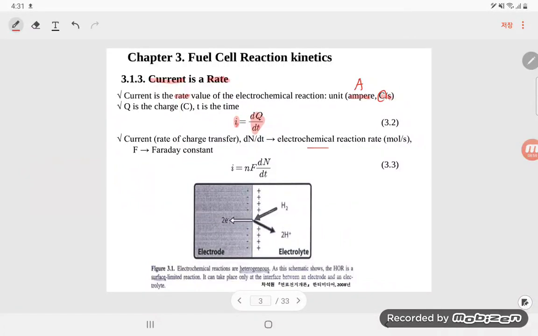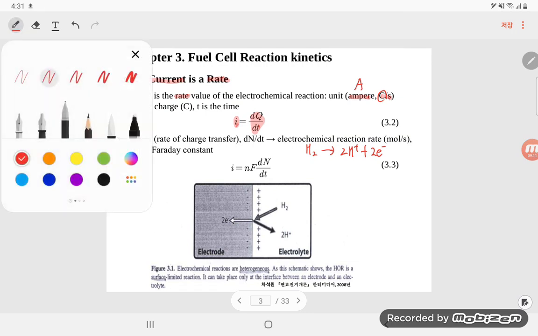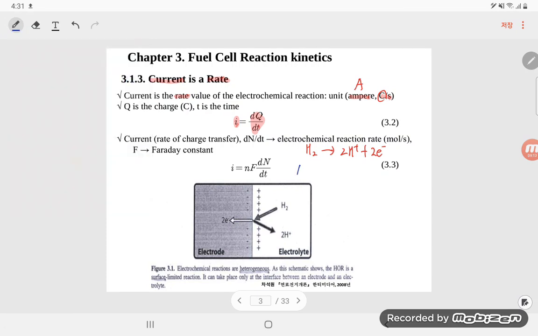As we learned, the H2 gas is decomposed into 2 H+ and 2 electrons, right? And if n moles of the hydrogen gas react in the HOR process, the hydrogen oxidation reaction, then we can get 2n H+ and 2n electrons.